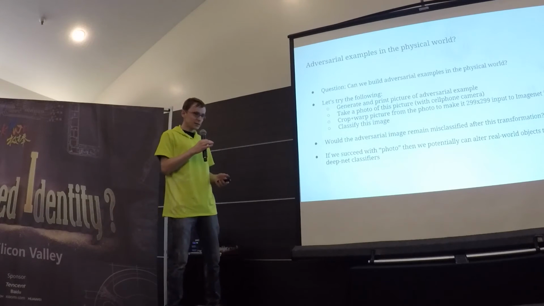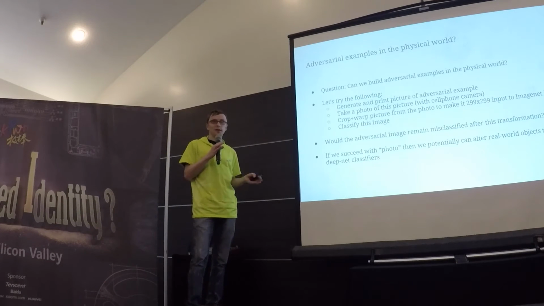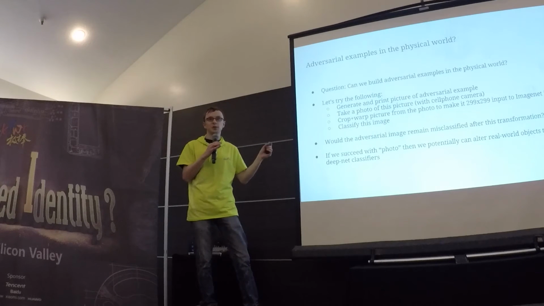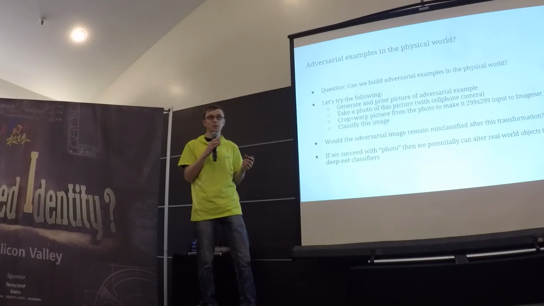So now let's say you have a camera and you try to perceive your image through the camera. And now it becomes much harder to construct an adversarial example, because in the previous case, you have fine-grained control of every pixel and you can adjust it slightly, and basically you can construct whatever you want.